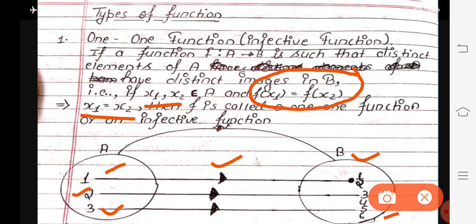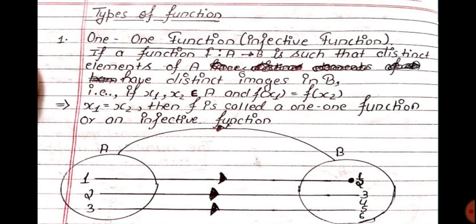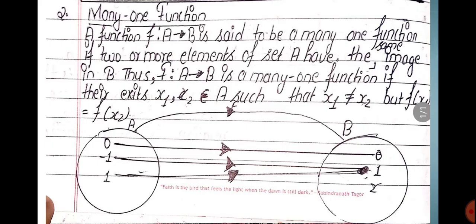Come to the next. Many-one function. A function f from A to B is said to be a many-one function if two or more elements of set A have the same image in B. Thus, a function f from A to B is a many-one function if there exist x1, x2 belonging to A such that x1 not equal to x2 but f(x1) = f(x2).